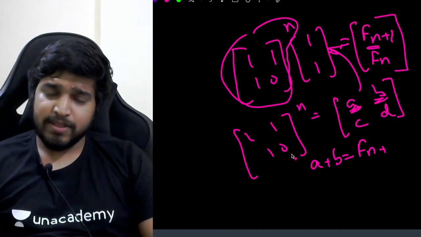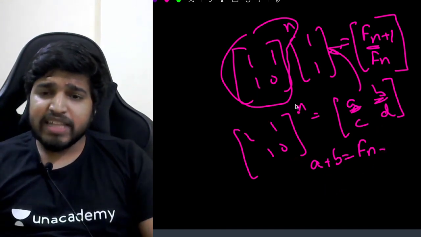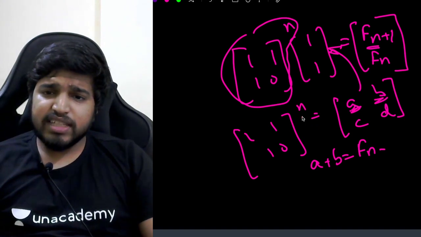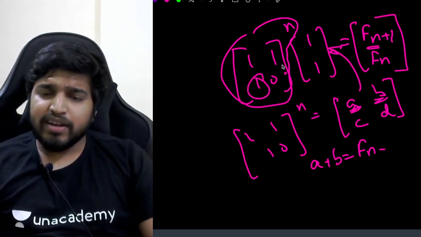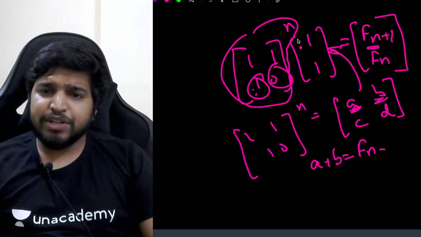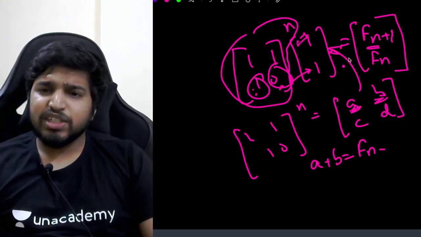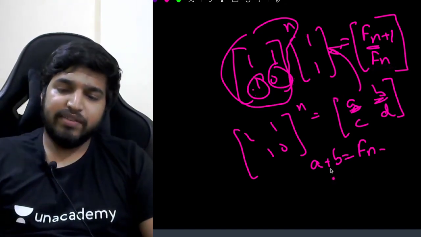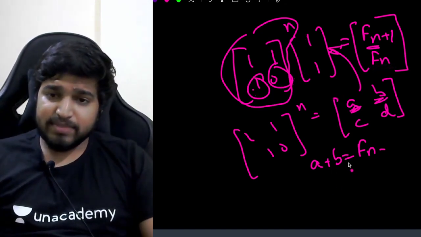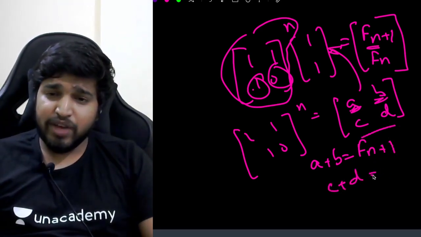It was because whatever this matrix power n is taken, this multiplied by 1 1, meaning whatever value comes here, this into this plus this into this should give you fn. Fair. That's why a plus b is equal to fn plus 1, and the bottom two elements c plus d should give you fn.